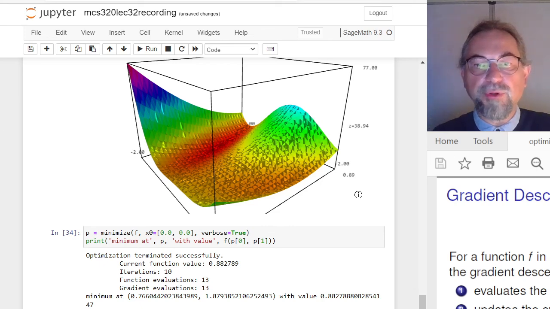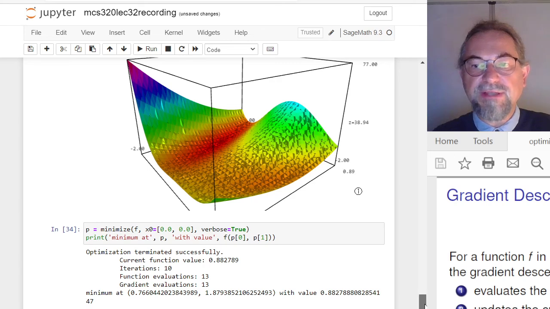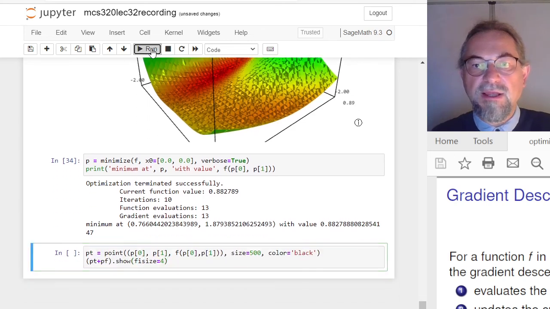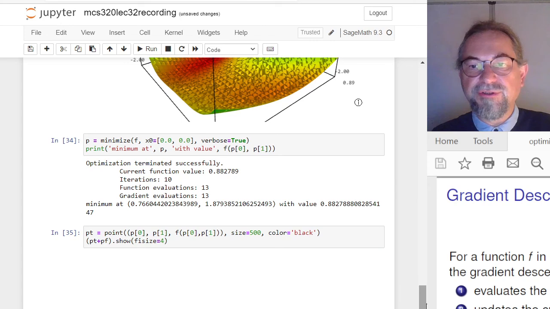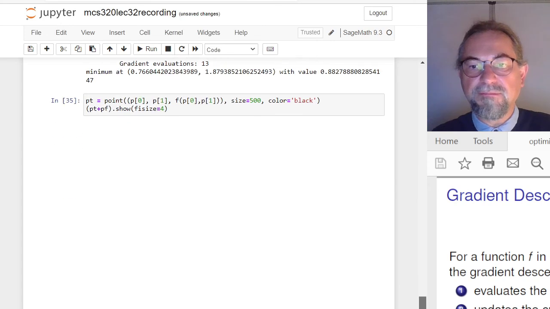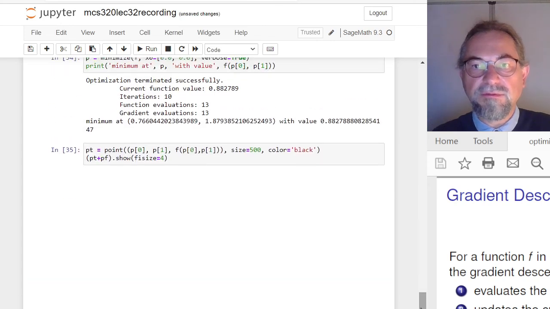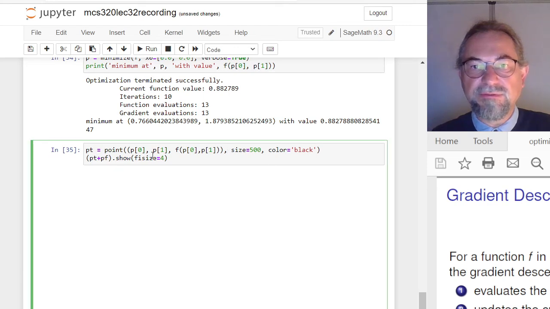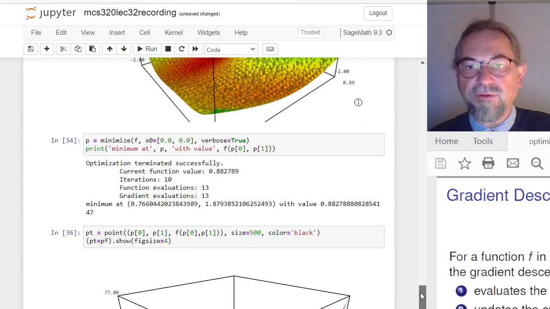So I will make a plot from the surface and the optimum. And if you look at the instruction, you see that my plot actually doesn't really go through because I made a typo. So now it goes through.